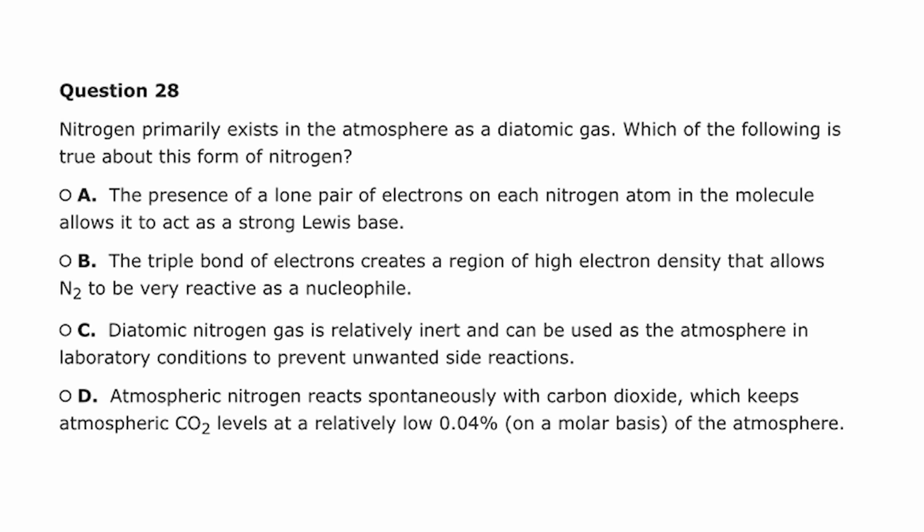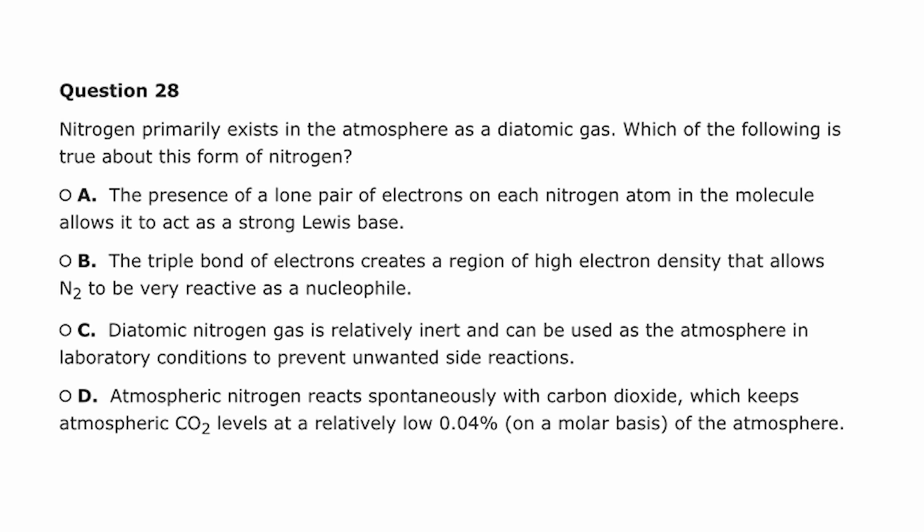So 28 is the next question, and this is a question about nitrogen. Nitrogen primarily exists in the atmosphere as a diatomic gas. Which of the following is true about this form of nitrogen? A, the presence of a lone pair of electrons on each nitrogen atom allows it to act as a strong Lewis base.